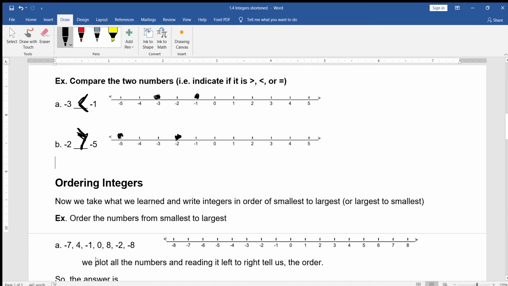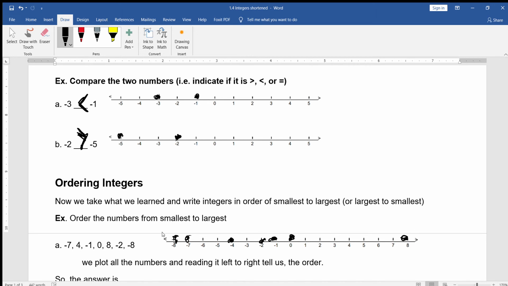Now let's move on to ordering integers. What we're simply going to do is take what we learned from comparing numbers and extrapolate it to ordering integers. First of all, draw a number line and then plot the numbers. Here is negative 7, negative 4 is right here, negative 1 is right here, 0 is right here, 8 is all the way right here, negative 2 is right here, and negative 8 is right here.